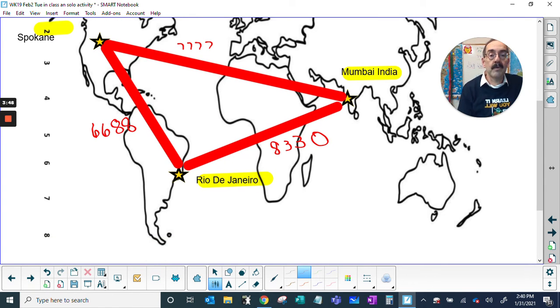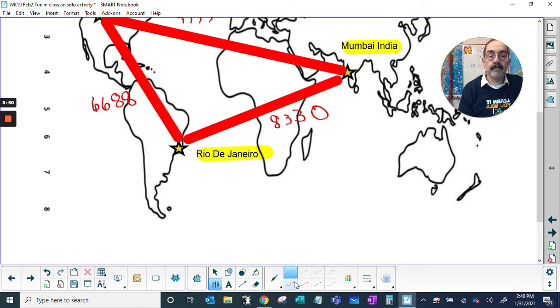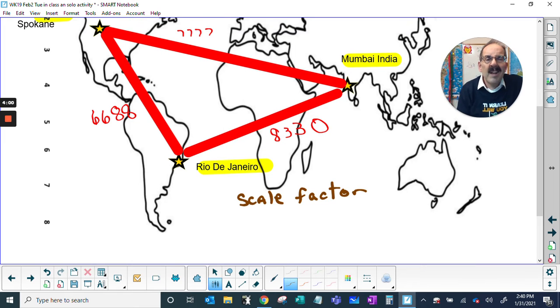Okay, so first vocab word, scale factor. Okay, what is the scale factor? Well, I looked at these 3 measurements and I thought, let's just divide by 2,000. I just did 2,000. So I'm going to go 1 to 2,000.